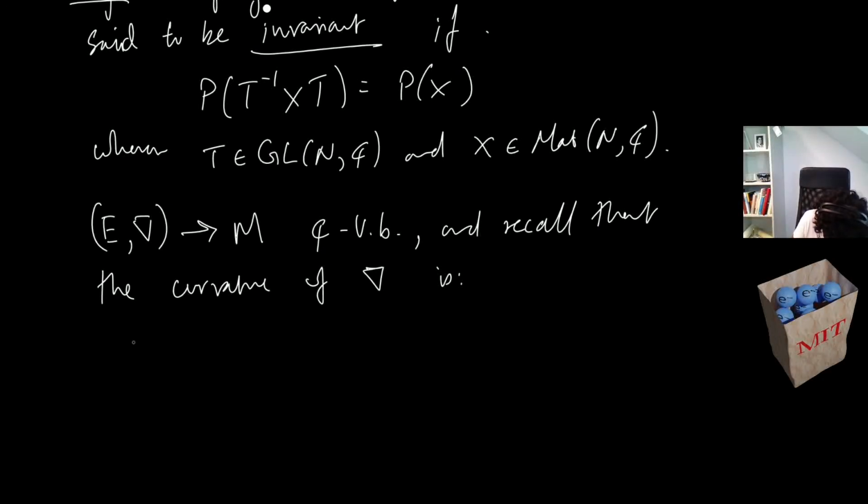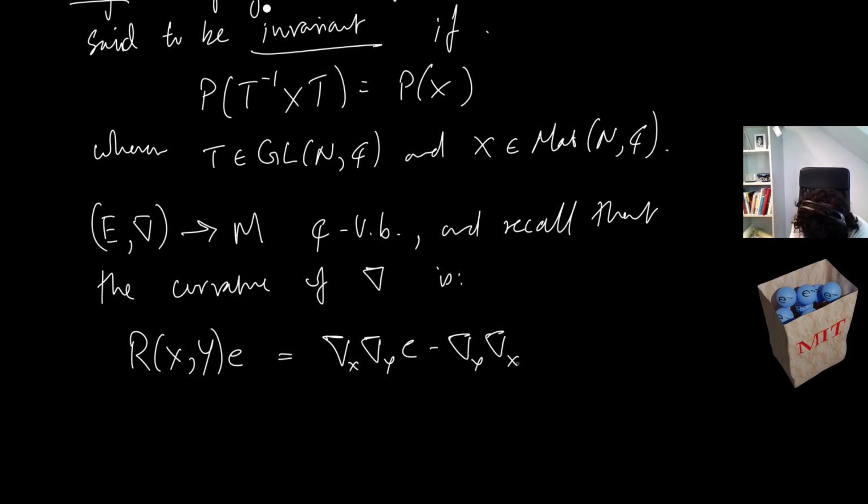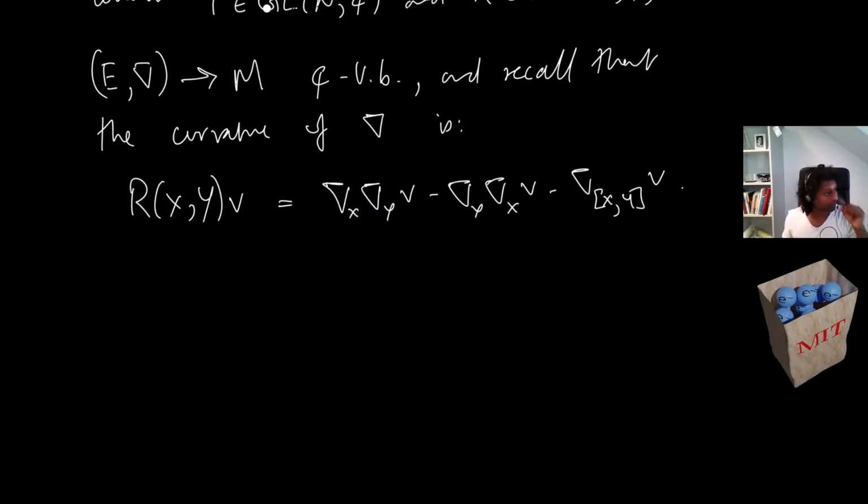So R_XY acting on a section E is nabla_X nabla_Y E minus nabla_Y nabla_X E minus nabla of the Lie derivative [X,Y] E. So maybe let's change the E to a V here, because I'm using E to denote coordinate frames for the tangent bundle, so that's probably not a good idea to write that.